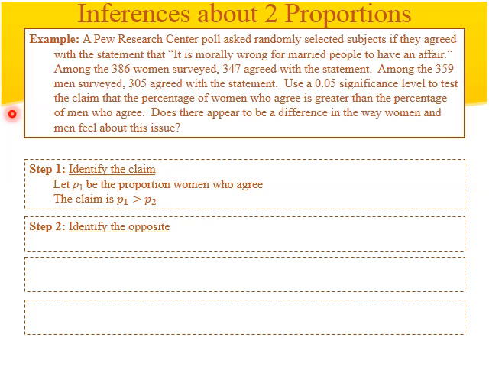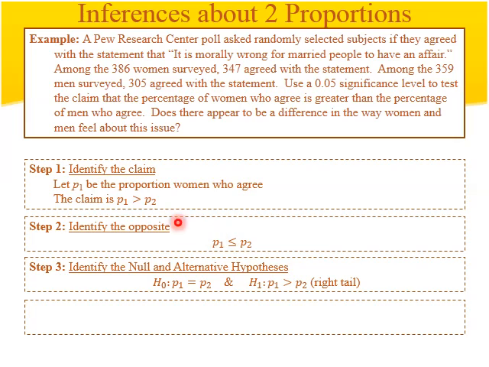So the opposite then is that P1 is less than or equal to P2. Our null hypothesis comes from the one that has an equal, and the alternative will be the one that does not have an equals. So now we're dealing with a right-tailed test. The significance level in this case, of course, is 0.05.